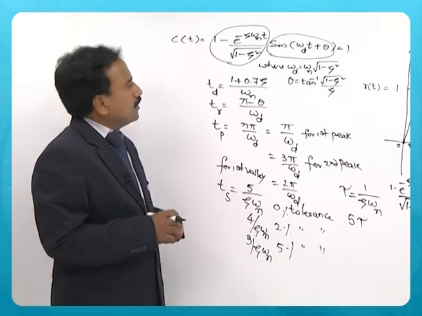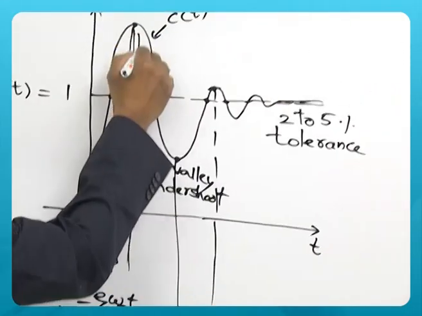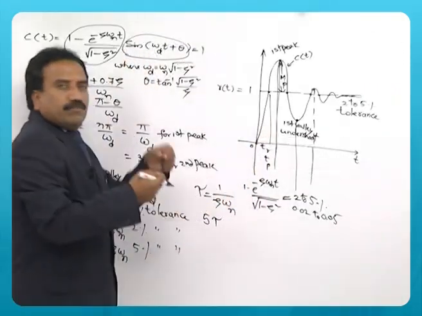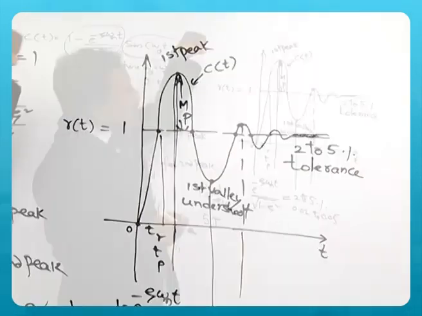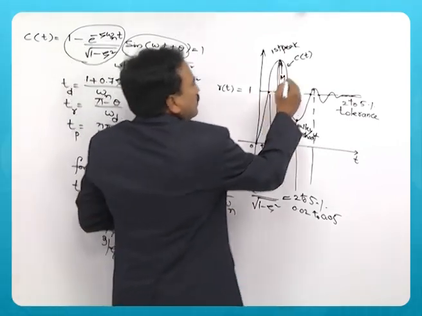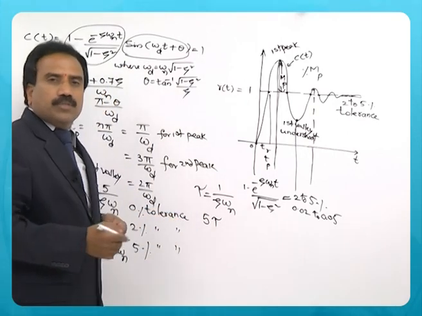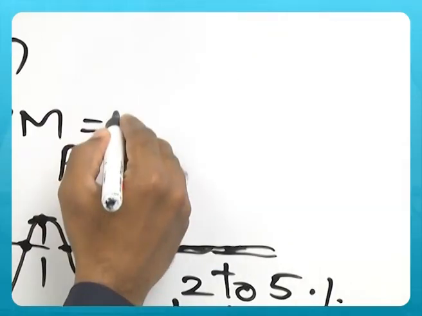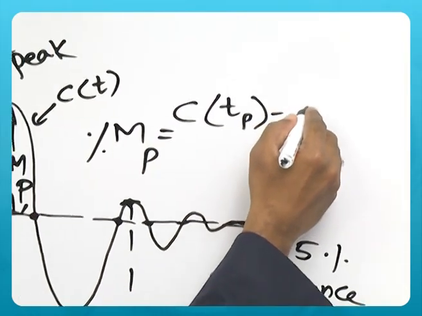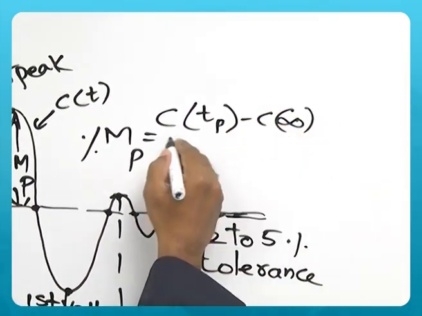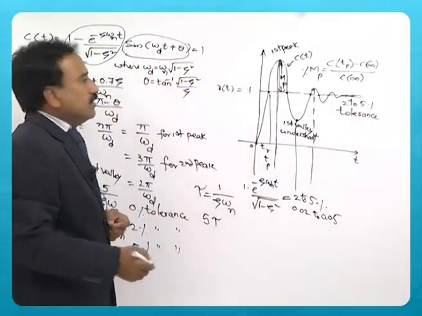Then another important parameter is peak overshoot. Peak overshoot is the normalized difference between the highest peak and the steady state value 1. It is generally given in percentage. Peak overshoot is given by response at peak time minus response as time approaches infinity, by response at infinity.